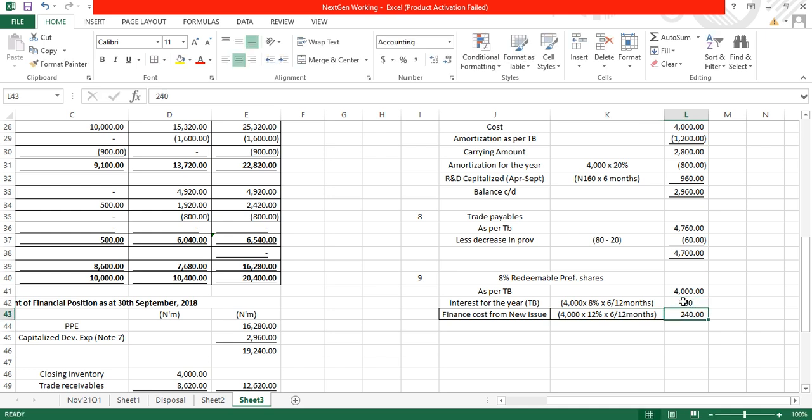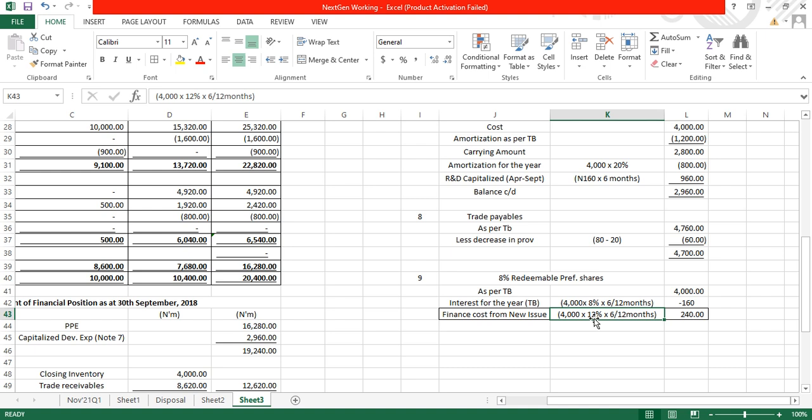Yes, go ahead with your question, please. Why are we still multiplying it by 6 months? Because this 8%, they got it for 6 months, while for the remaining 6 months they got 12%.